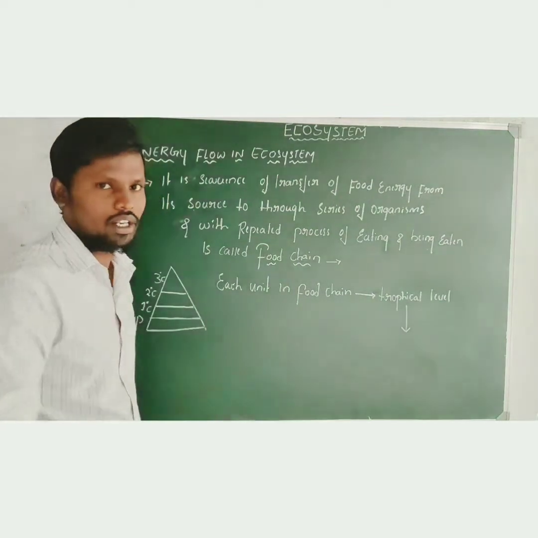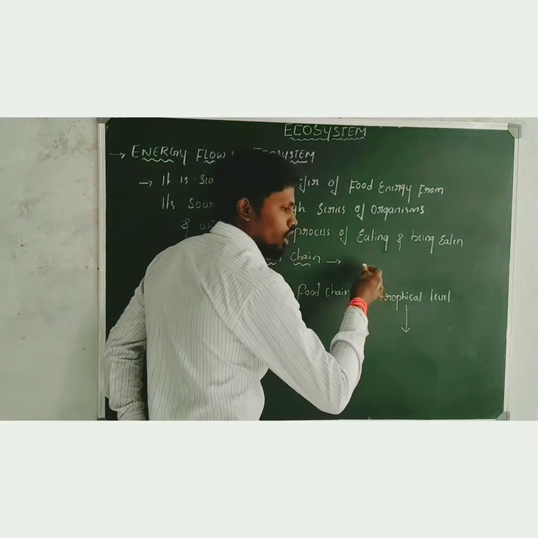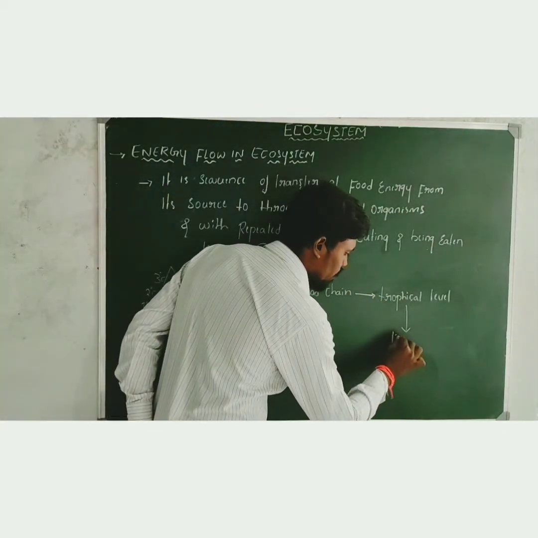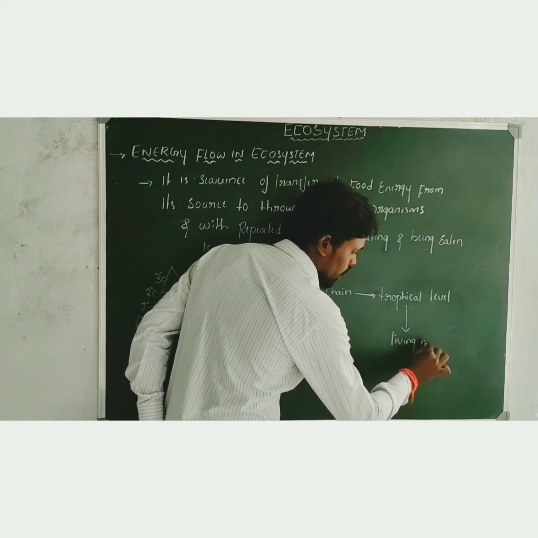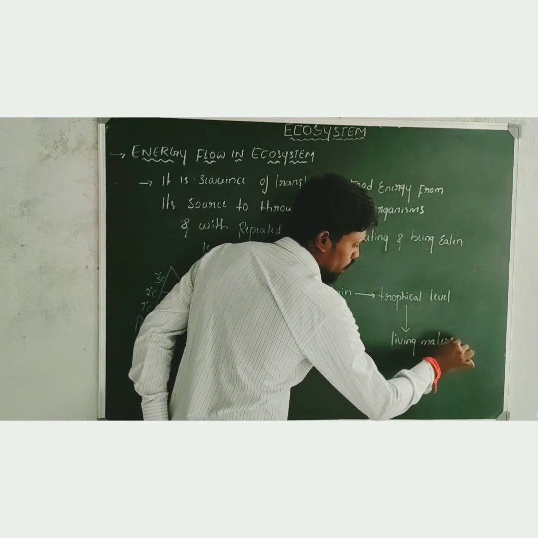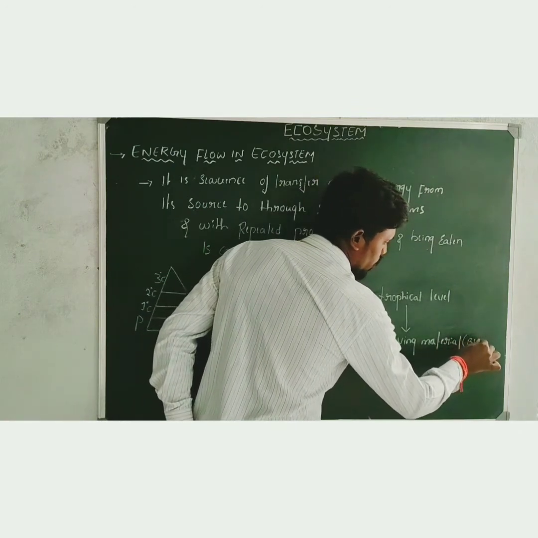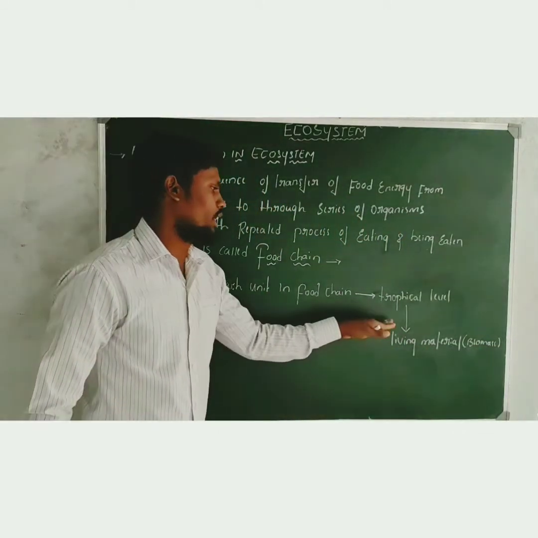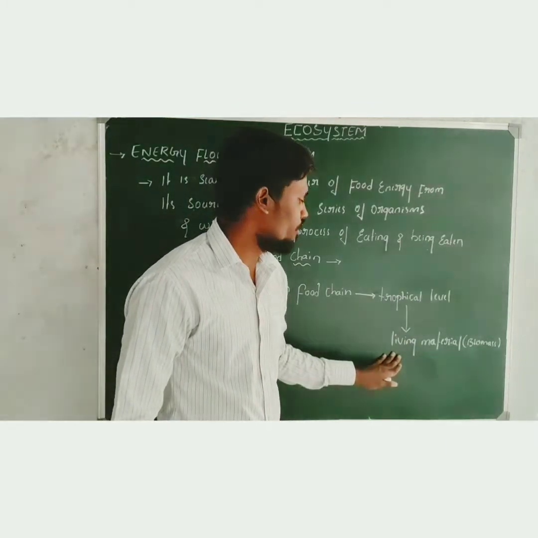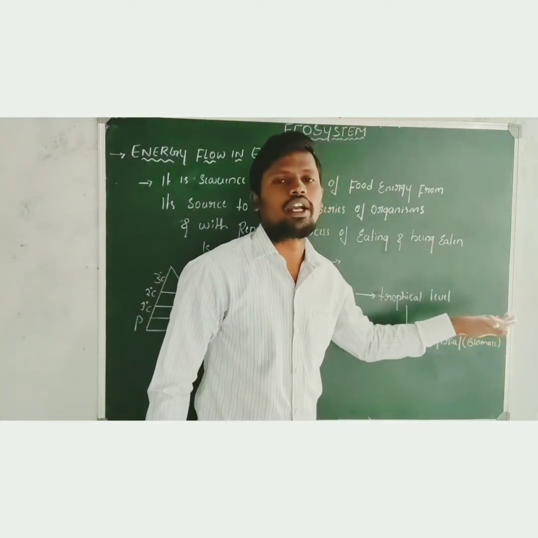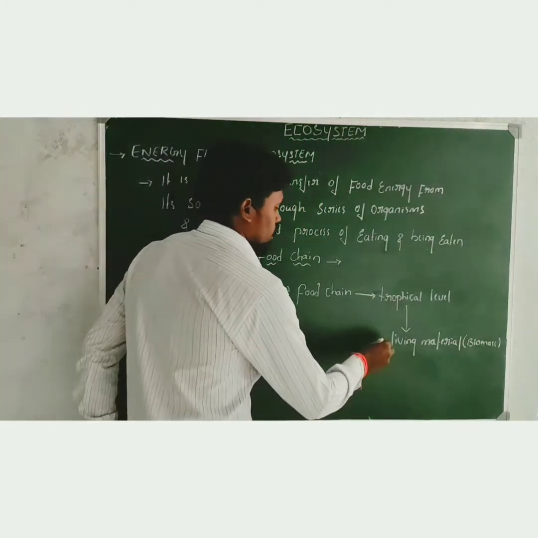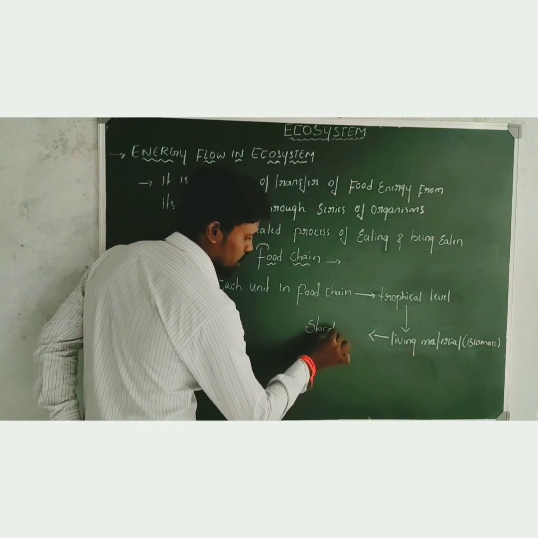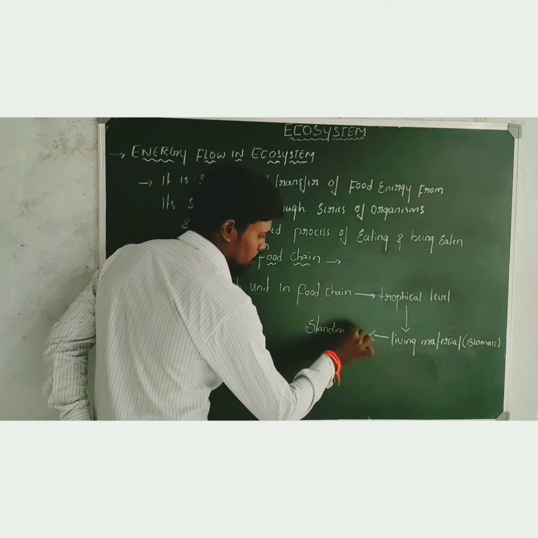Each trophic level in the food chain consists of a certain amount of living material or biomass at a particular time, which is called standing crop.